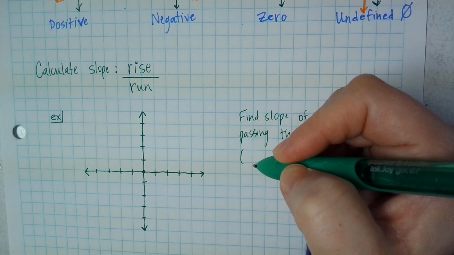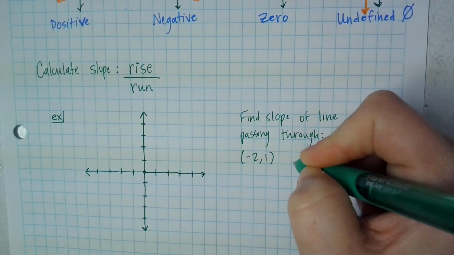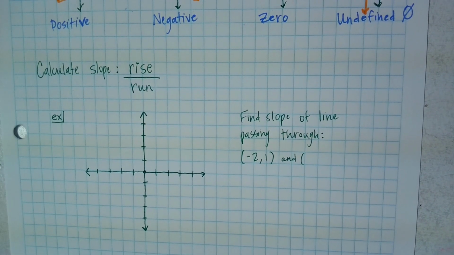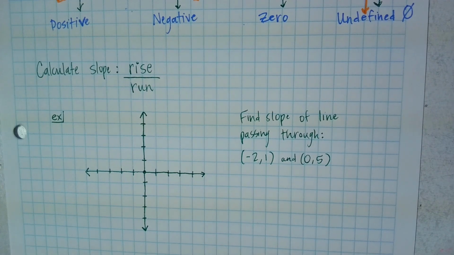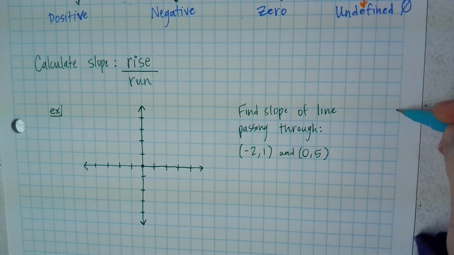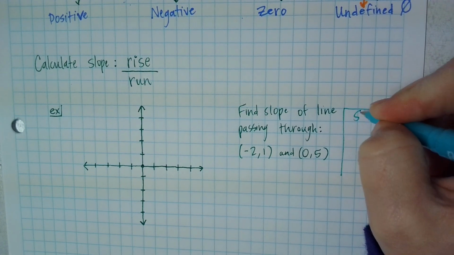So passing through -2, 1, and 0, 5. I'm going to write us some steps over here.